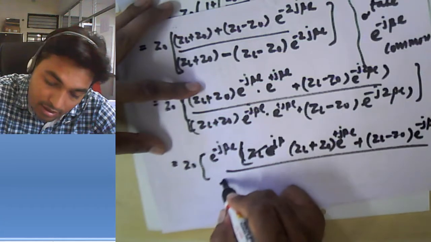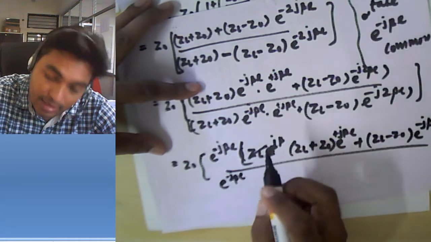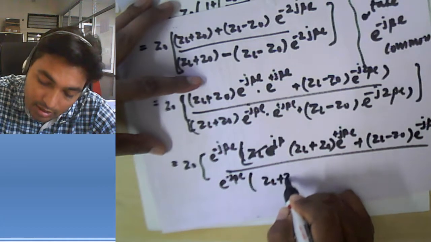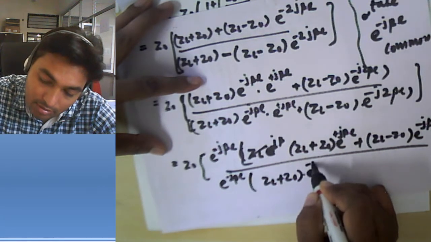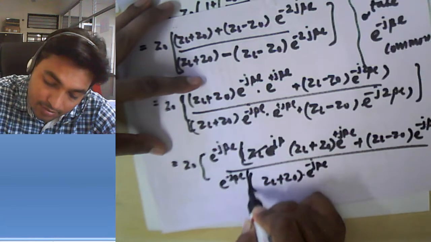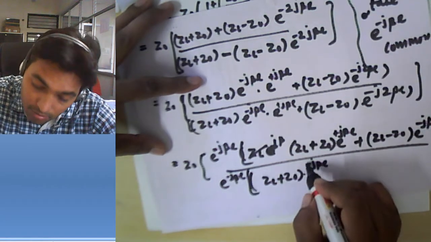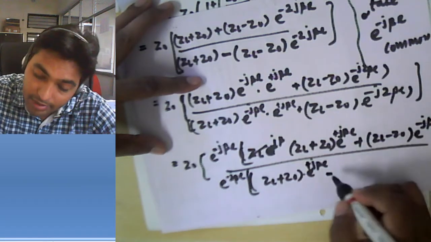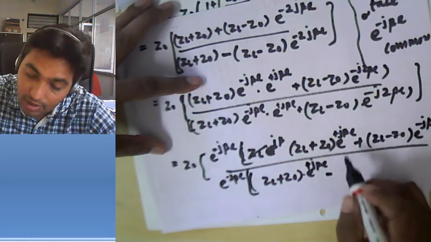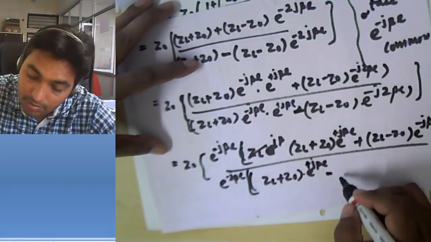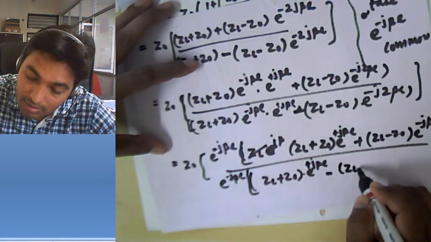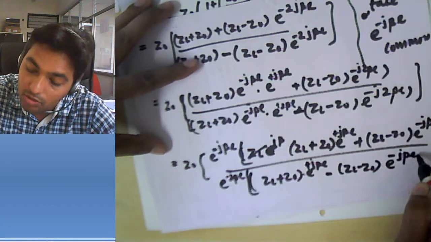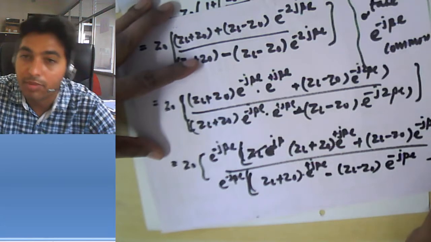Similarly, here also we are taking e raised to minus j beta L common, so we'll have ZL plus Z0 times e raised to plus j beta L, and minus ZL minus Z0 e raised to minus j beta L, because one j beta L we have taken out of the bracket.